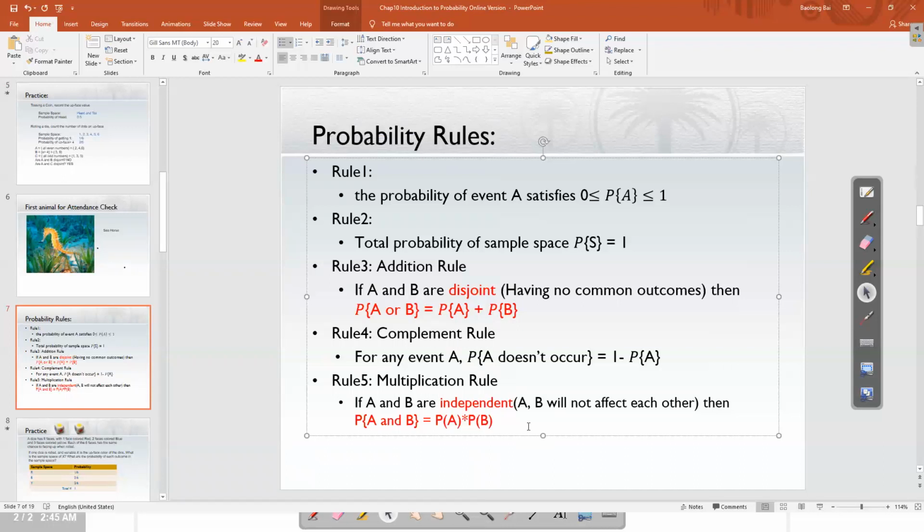If that's the case, then the 2 events are independent. Or if you're rolling 2 dice, will the first die number affect the second die number? If it doesn't, then they're independent. If you have a few computers in a computer lab, does one computer breaking down affect the other computer? If it doesn't, then they're independent, right? Okay.